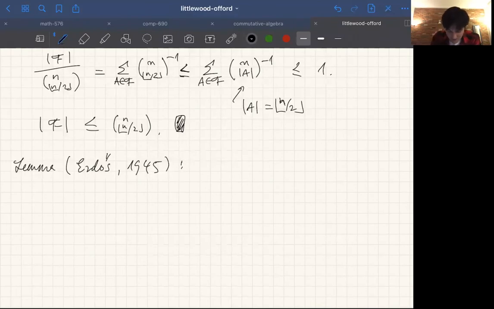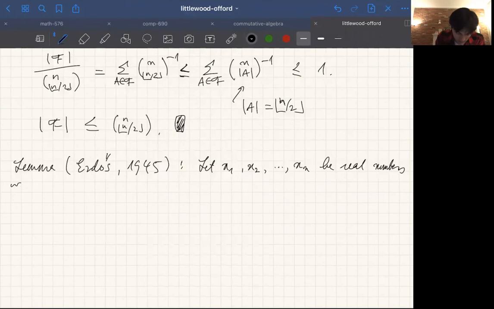Okay, let's just restate the whole thing. Let x1, x2 to xn be real numbers, and the absolute value of all of them is greater than or equal to 1.